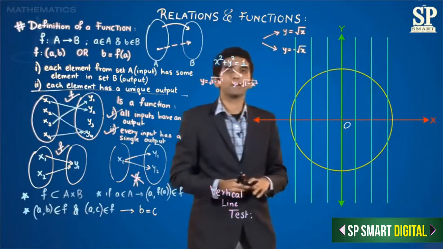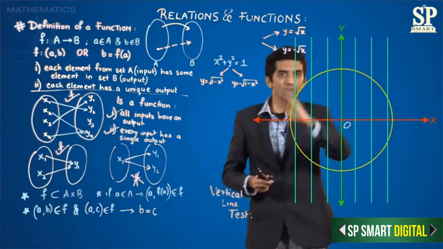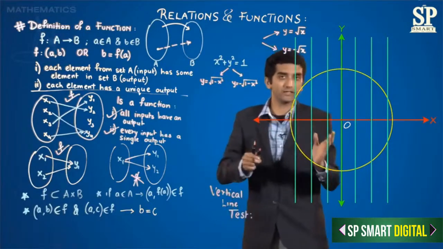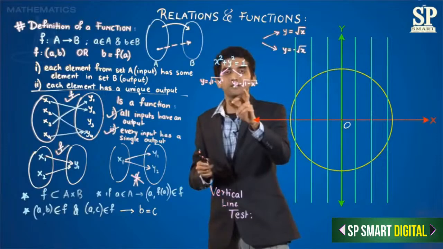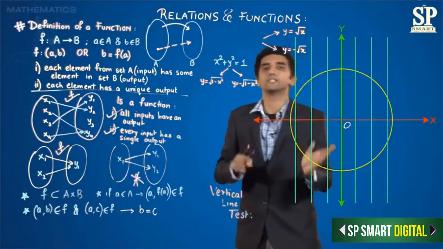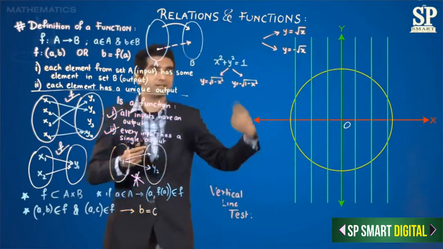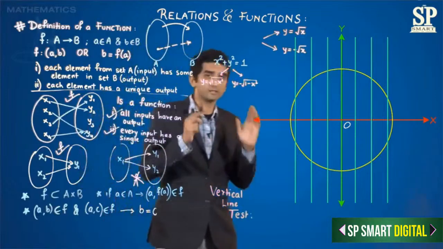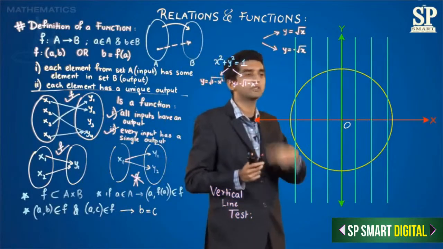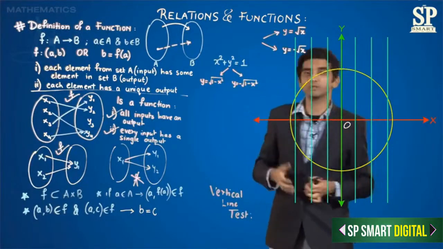The positive one will denote the upper branch of the circle, which will individually be a function, and this particular relation will be the lower branch of the circle, which again individually would be a function, but together they would be a relation, x square plus y square equal to 1, specifically a relation and not a function. So this is another example as we did previously.